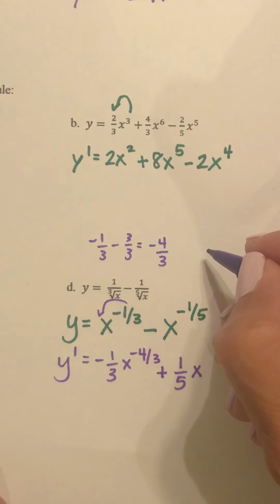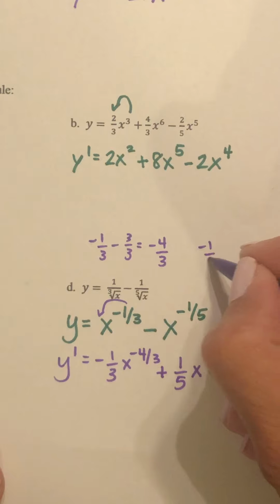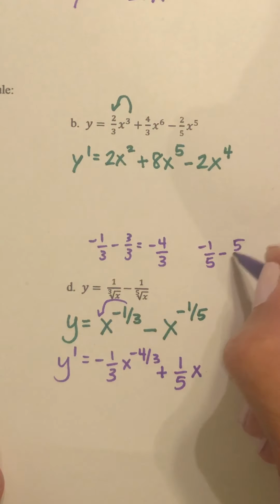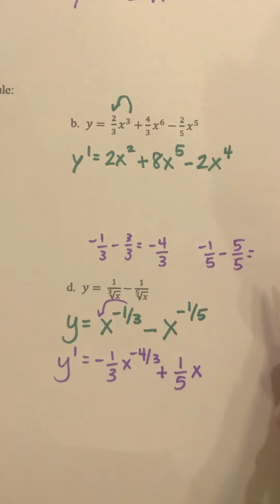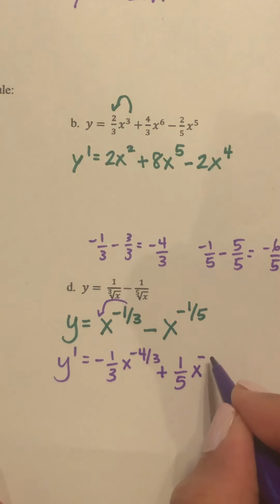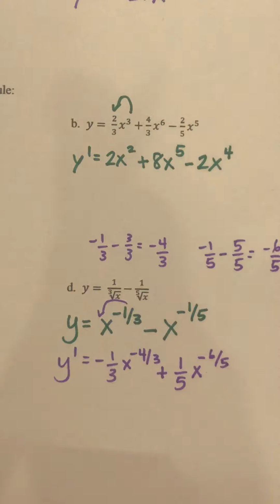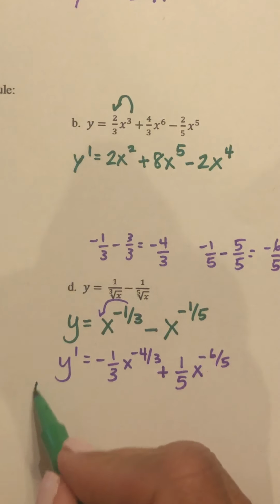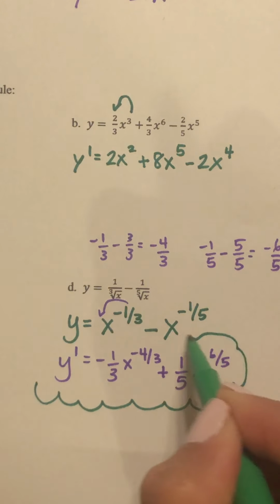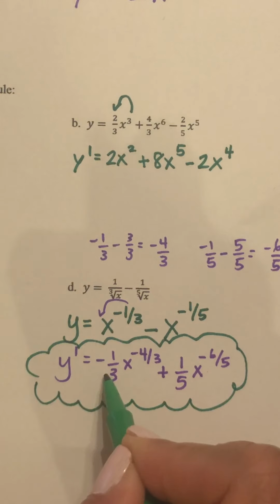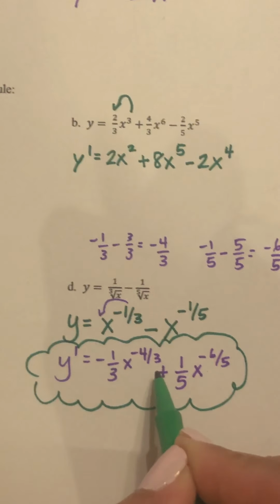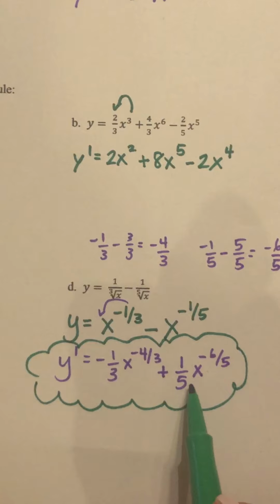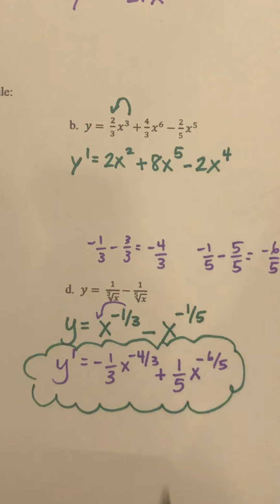So I have negative 1/5 minus 1, but I'm going to write it as 5/5. So that's going to give me negative 6/5. So my power here is negative 6/5. So your answer, the derivative, y prime equals negative 1/3 x to the negative 4/3 plus 1/5 x to the negative 6/5 power.